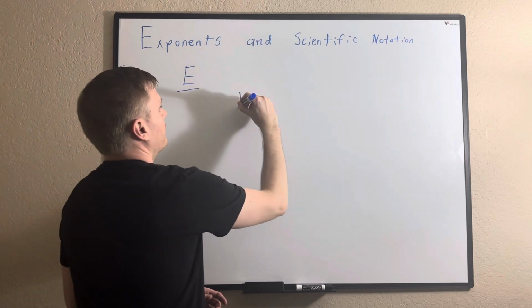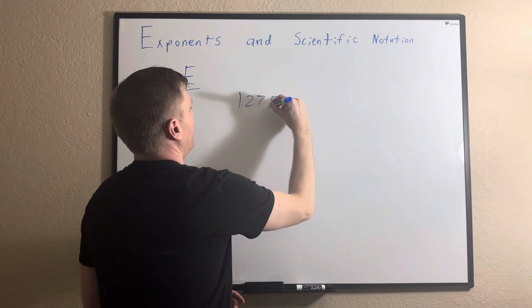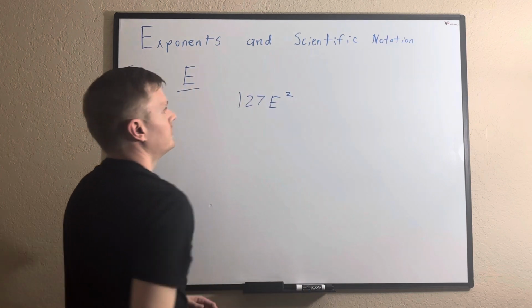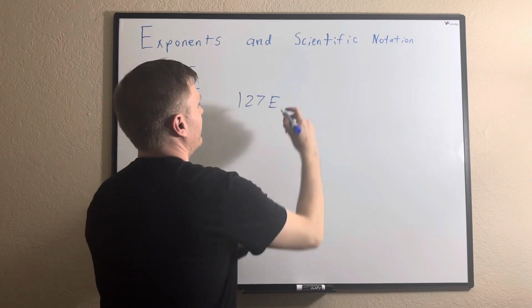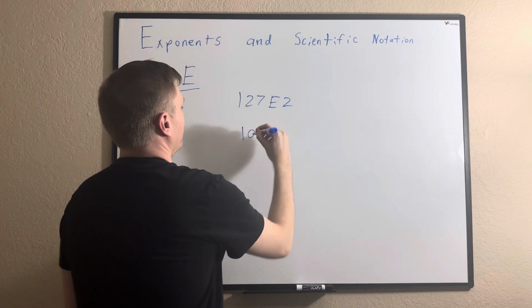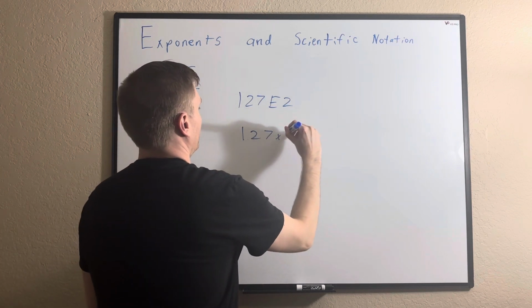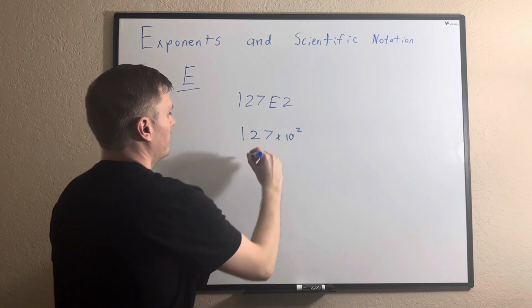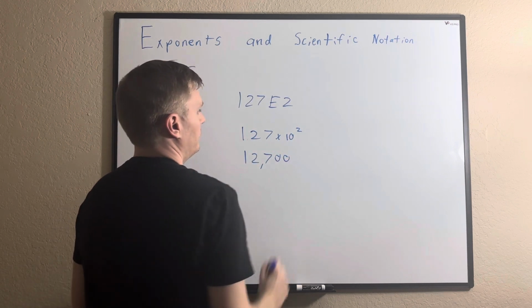So if you put 127 E, E2, oh, wrote that wrong. That's actually 127 times 10 to the 2 power, or just 12,700.